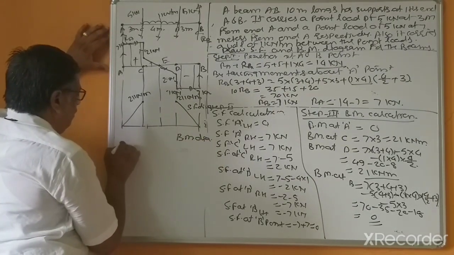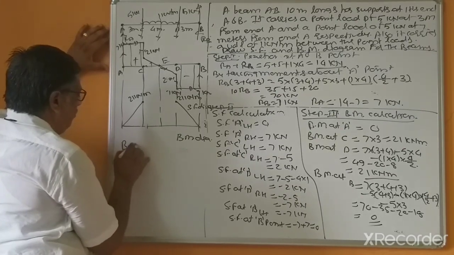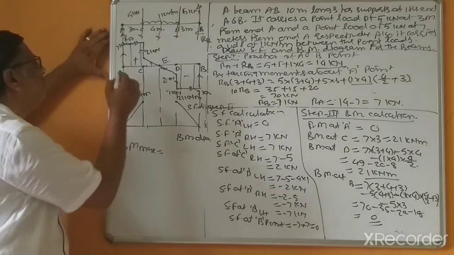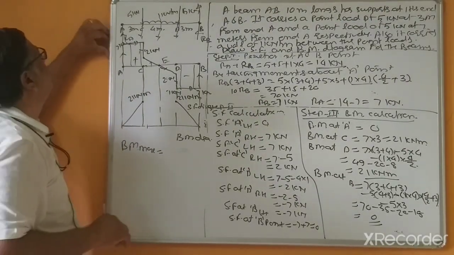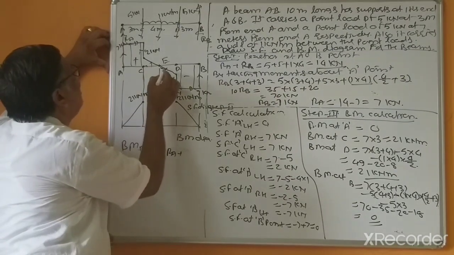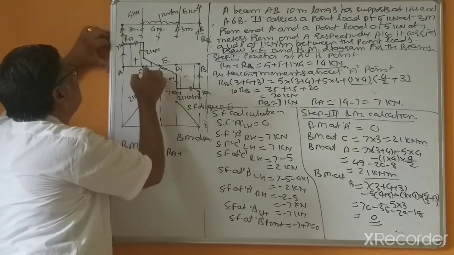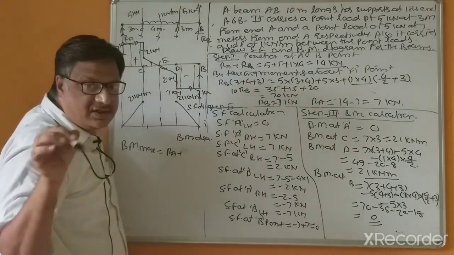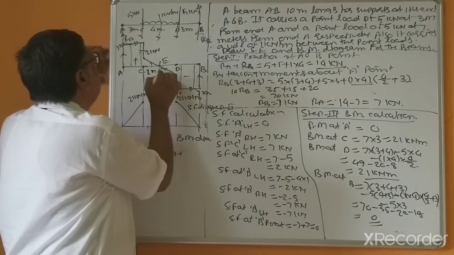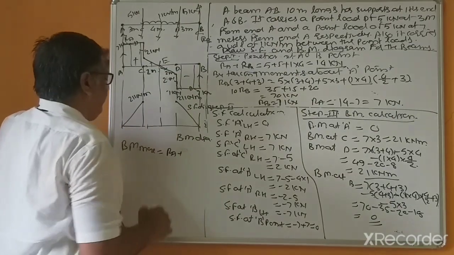Now for the maximum bending moment, at E point you will get the maximum bending moment. The distance is half because this is 2 kilonewton, this is 2 kilonewton, so E is exactly at the center, so this distance is 2 meter and this is 2 meter.